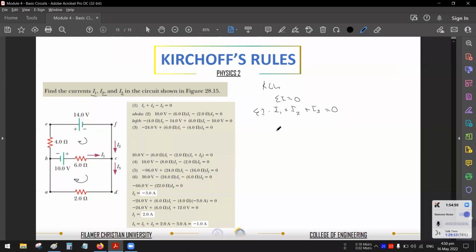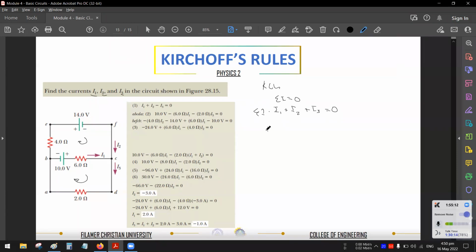So, paano ba natin to isosolve? So, using the loop ABCDA. Okay, kunin natin yung current using ito. Alright. So, meron tayong ABCDA, di ba? So, meron tayong 10 volts. So, positive yung pinaglabasan niya.